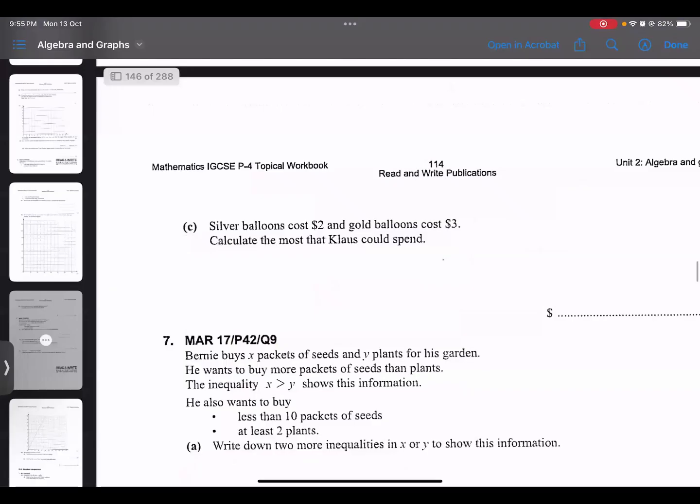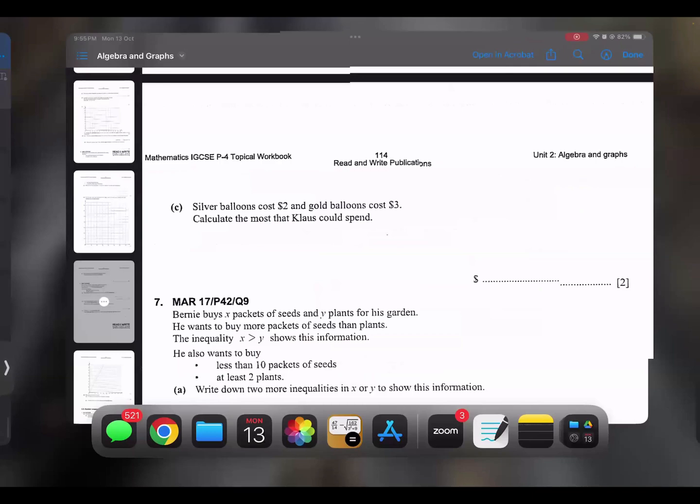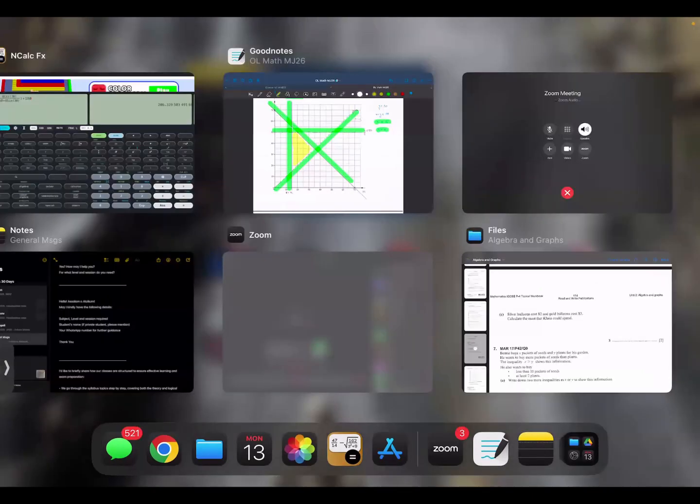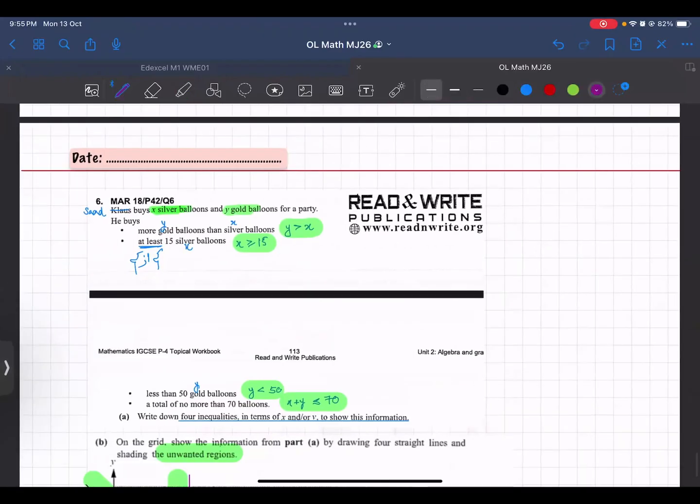Last part. Silver balloons cost 2, gold balloons cost 3. Calculate the most Saad can spend. Silver balloons. Silver was your X? Yes, silver is X. And Y is gold.